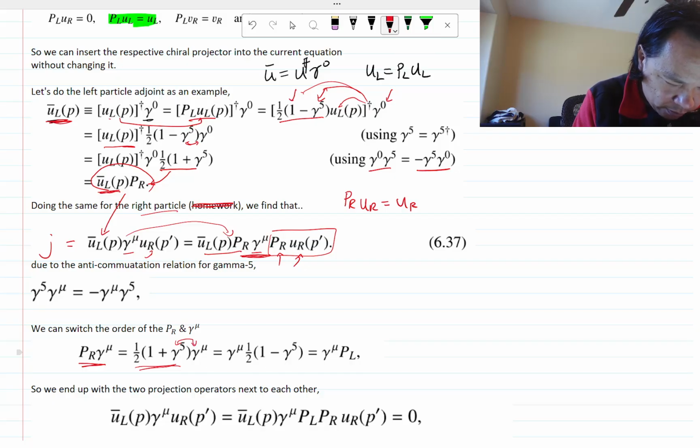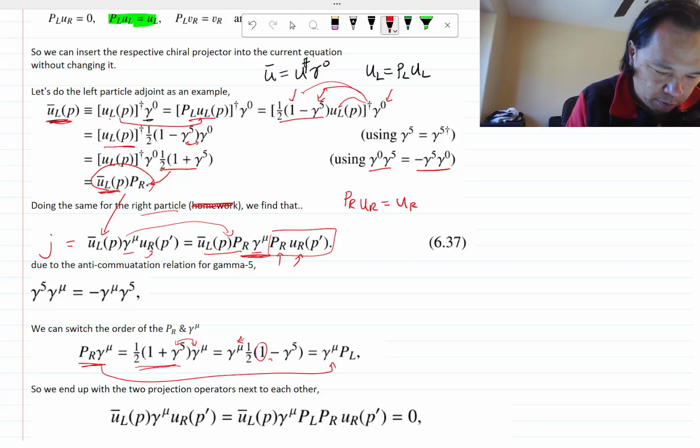When you switch the order, if it anti-commutes, then you have a negative sign. And then pull this gamma mu out in front, because 1 also commutes with everything once again. We see that gamma mu PR is actually the same thing as gamma mu PL.